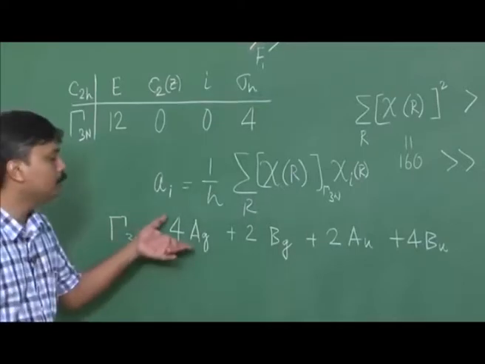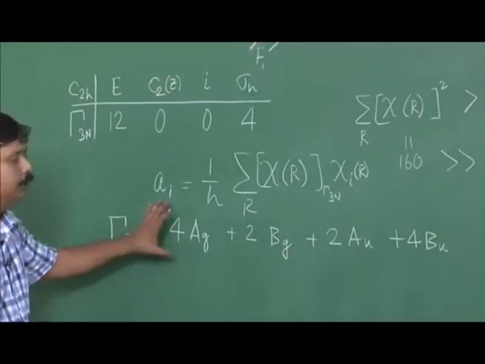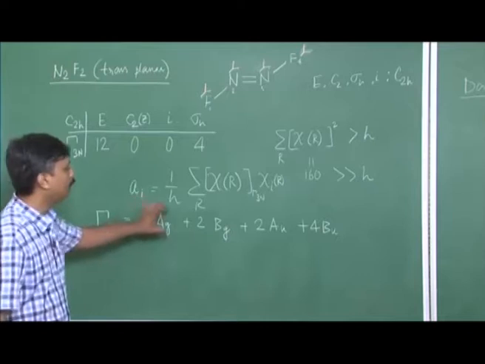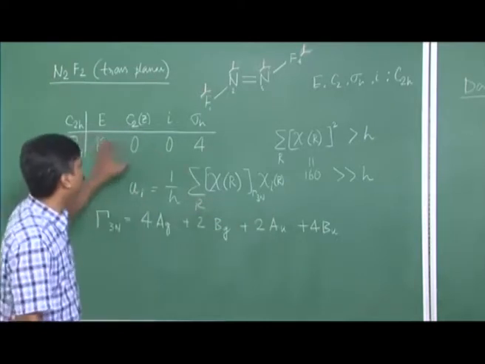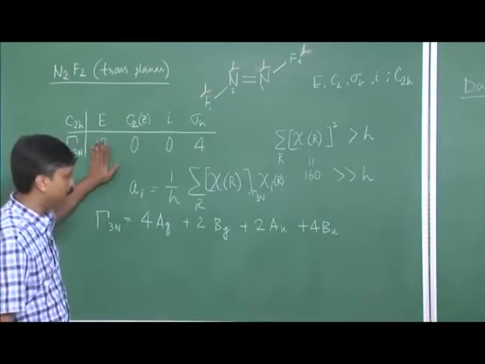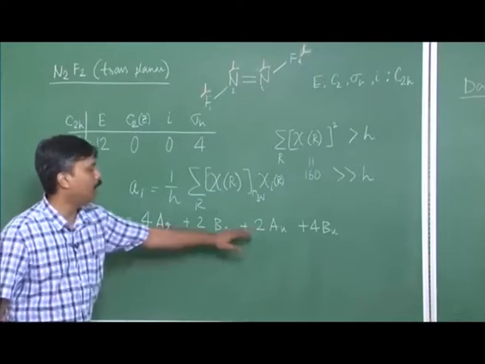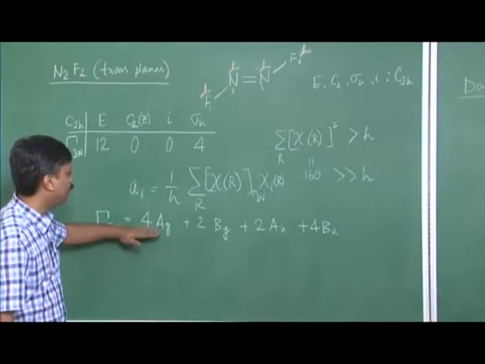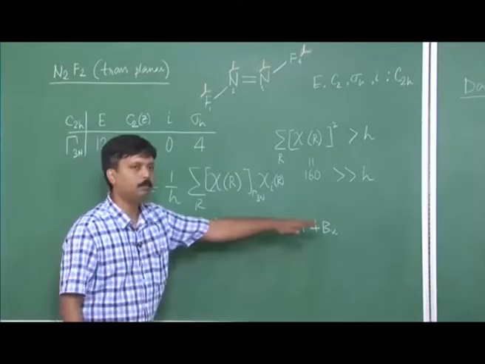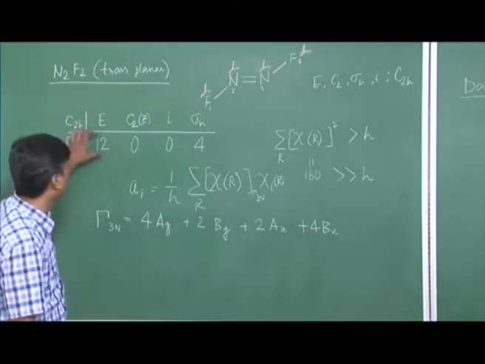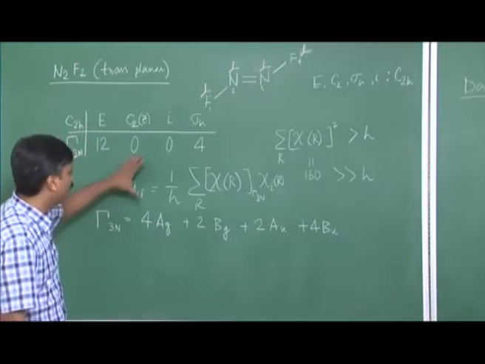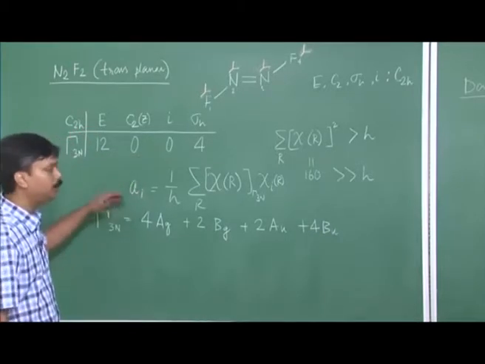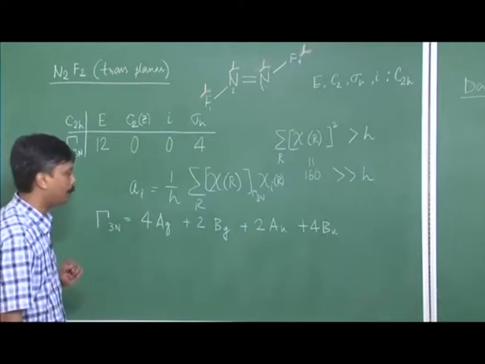If I check whether this is correct, all the dimensions will match up to the dimension of this particular representation. All of them are one dimensional representations, and I have total 12 as my dimension, which is the same as this. So my reduction of this representation is correct.